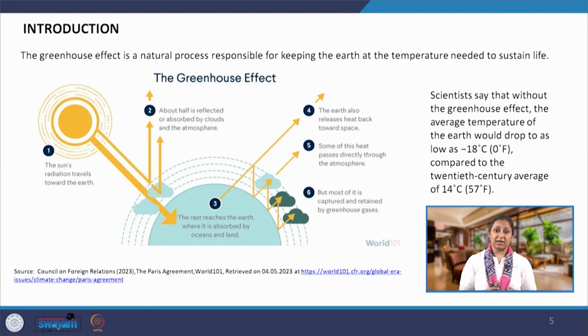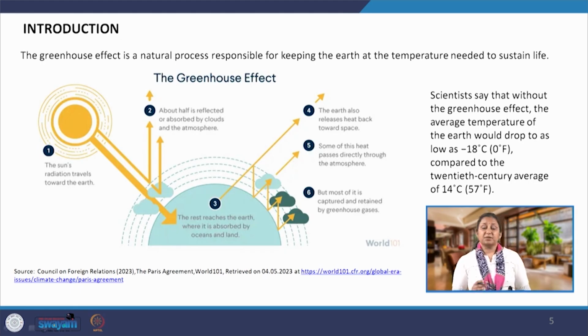If there was no greenhouse effect, then earth would have been an ice ball. The average temperature of earth would have been minus 18 degrees centigrade, and we would rarely have had different plants, flora and fauna species and food on earth. A lot of things would not have been possible. We would not have been the lively planet as we are today.